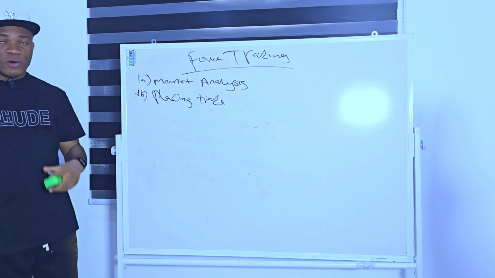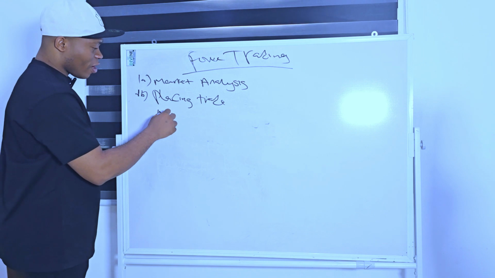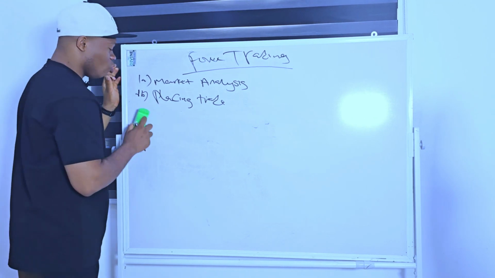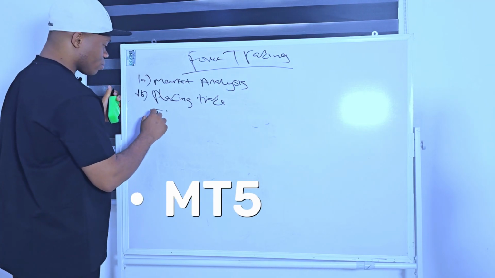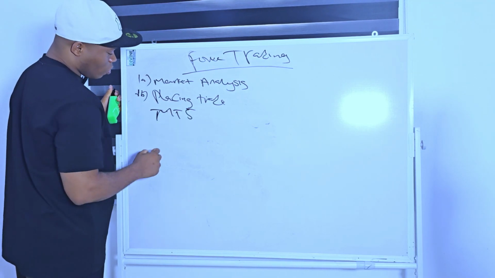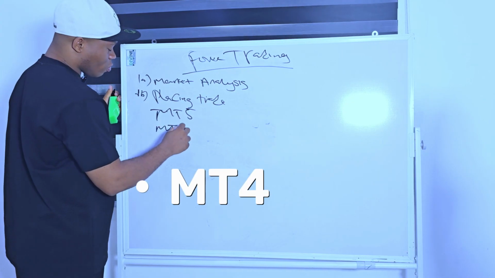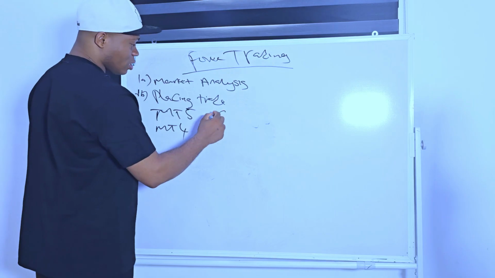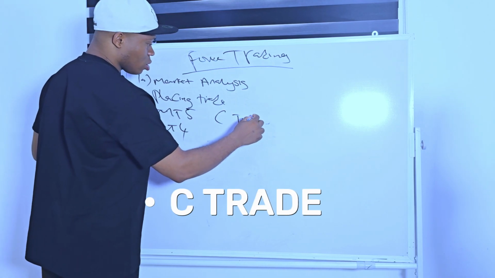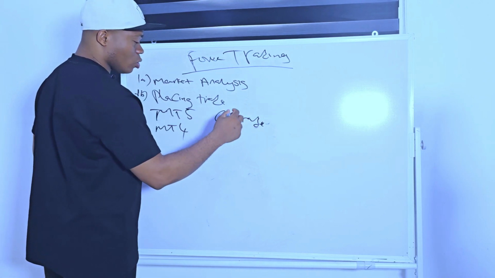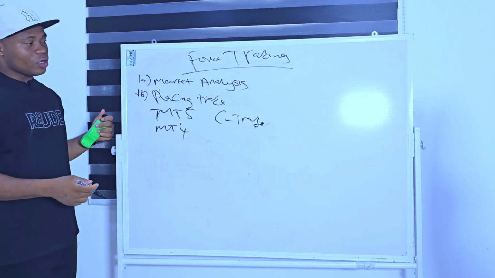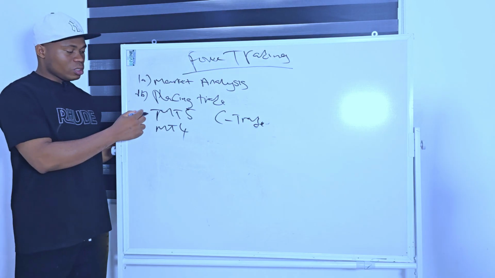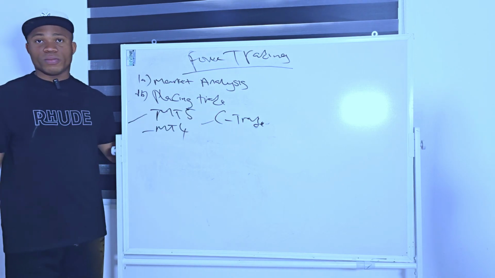We make use of MT5, and we also make use of MT4. There are some other trading platforms like cTrader. There are also so many different ways to place trade on the forex market, where you need to connect your broker to the platform in order for you to place trade.